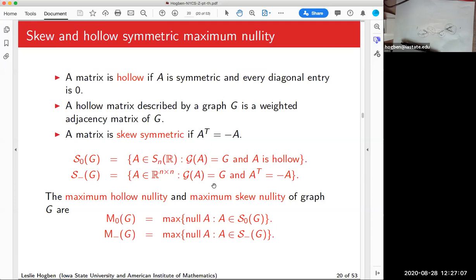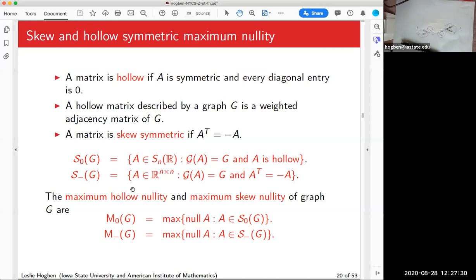So we have the 0 diagonal on either a hollow matrix or a skew symmetric matrix. And that gives us additional information when we're going to perform these forces. We no longer need to have the diagonal entry have a 0 coordinate. In other words, we don't have to have a vertex be blue in order to force.